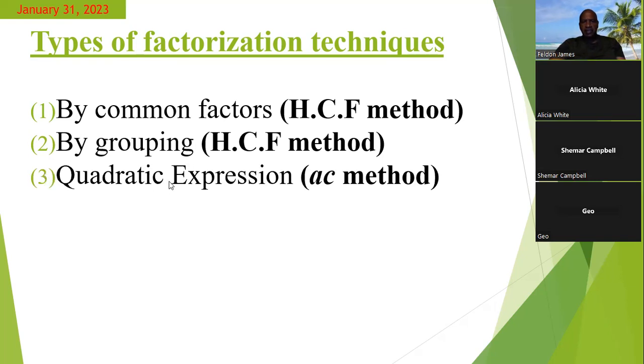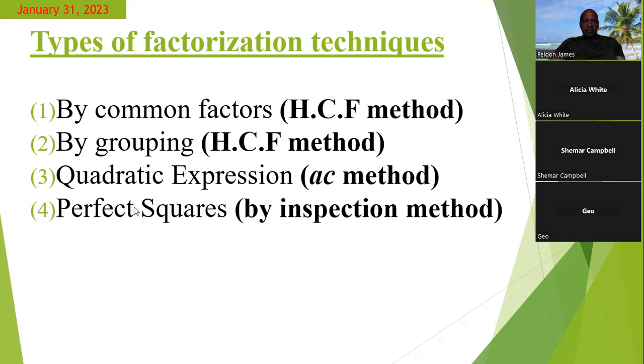Then we have quadratic expressions, with about two techniques. We have the AC method, which is commonly practiced, so we are going to learn that method, and maybe I'll teach you another method depending on how well you are doing. All right, so we have perfect squares, and this is done by a method of inspection.